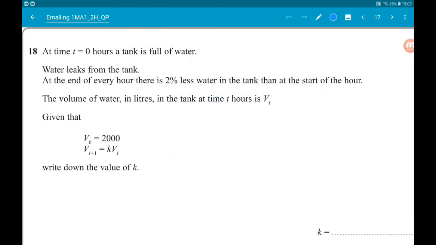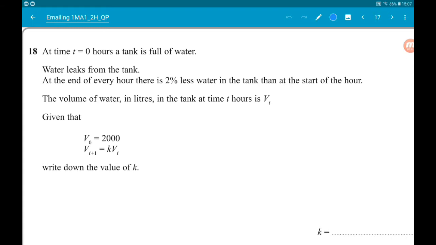Okay, number 18, pretty much the most pointless 1 marker I've ever seen. So at time t equals 0 hours, the tank is full of water. Water leaks out of the tank. At the end of every hour, there is 2% less water in the tank than at the start of the hour. The volume of water in litres in the tank at time t hours is Vt.